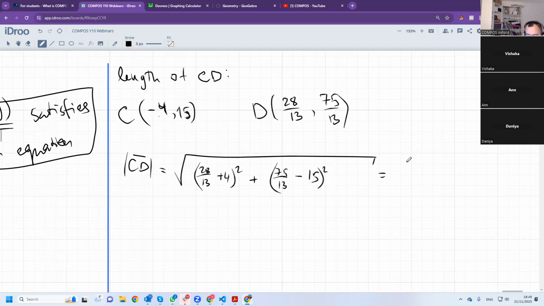So the distance is 40 divided by root 13, which is approximately 11.1.